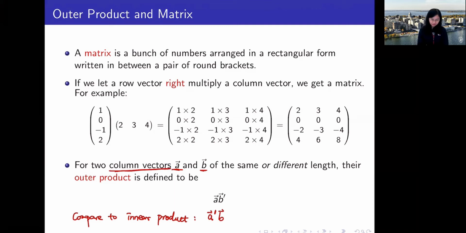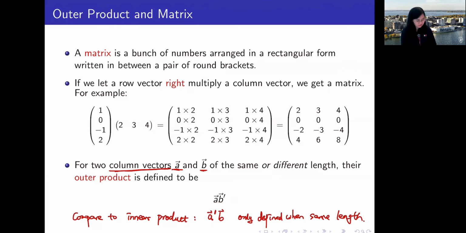The inner product is only defined when the two vectors are of the same length, and the result is a scalar. And the outer product is defined when they either have same or different lengths, and the result is a matrix. So that's outer product and matrix.